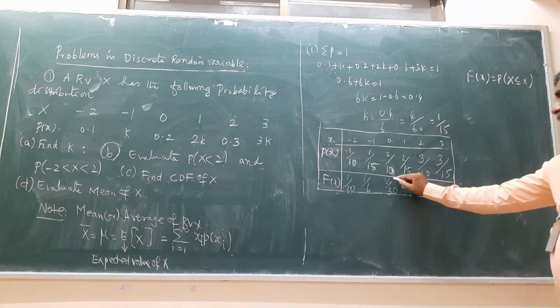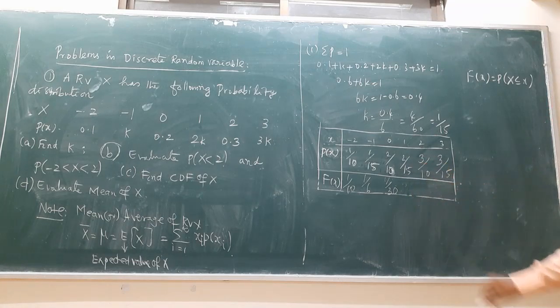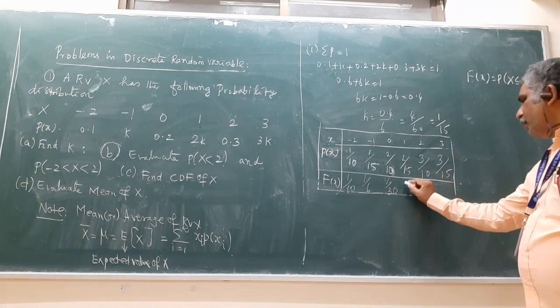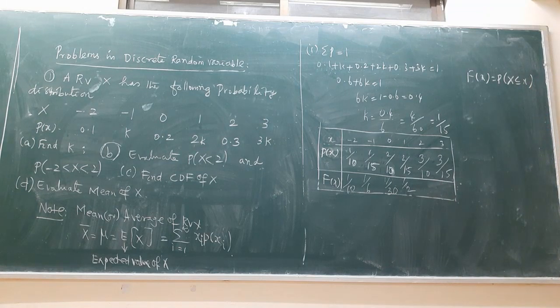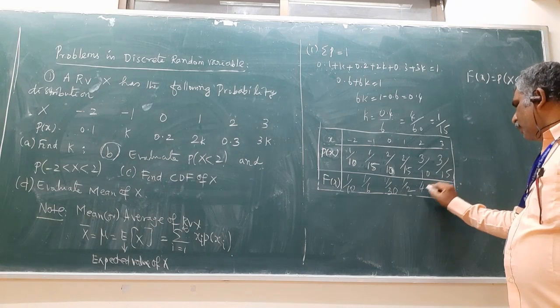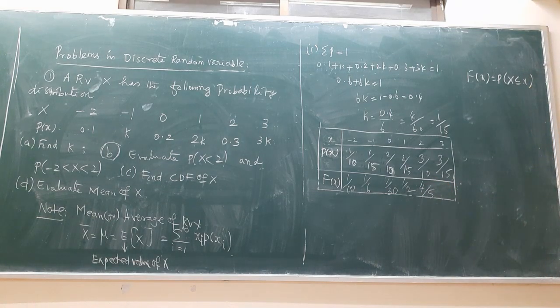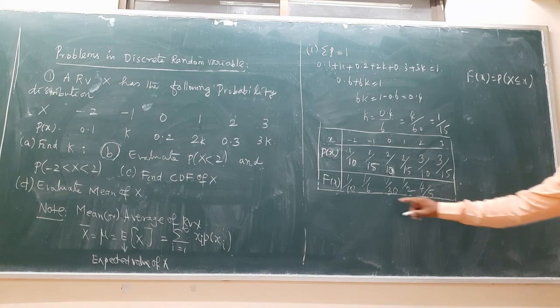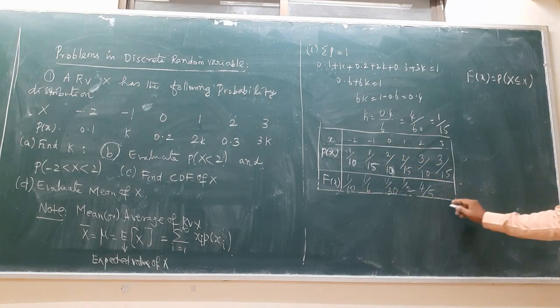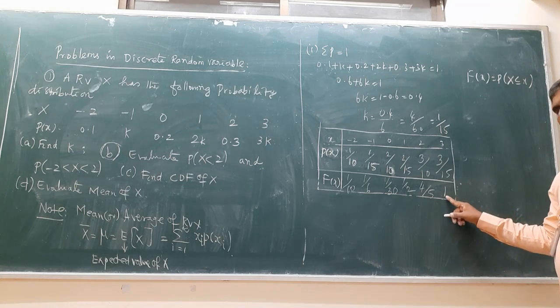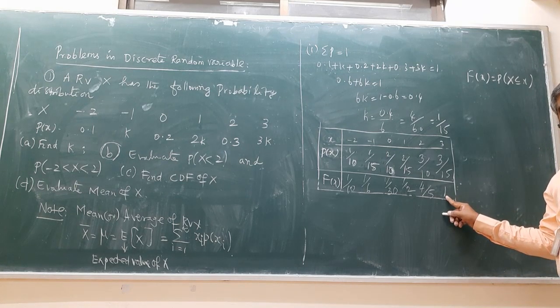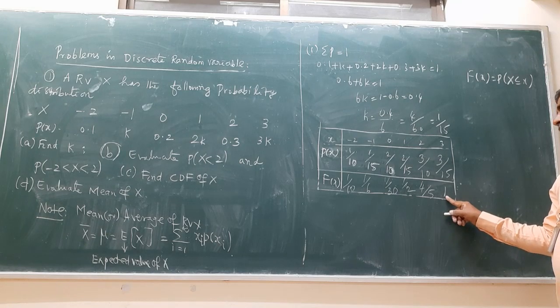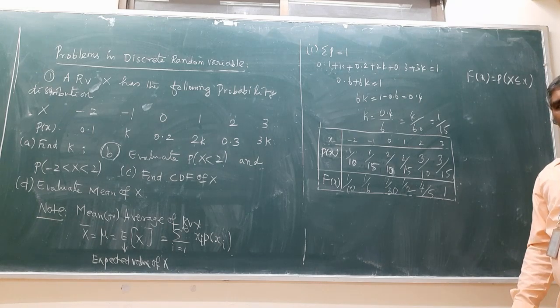Similarly, 11 by 30 plus 2 by 15 gives 1 by 2. Now add 1 by 2 plus 3 by 10, you will get 4 by 5. Finally, if you add all the probability values, it should equal 1. If you get this value equal to 1, only then is your answer correct. Otherwise, your calculation is wrong.